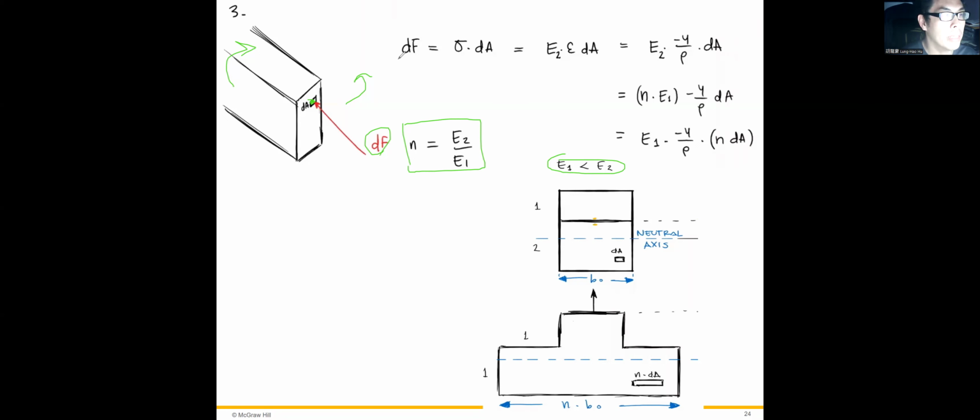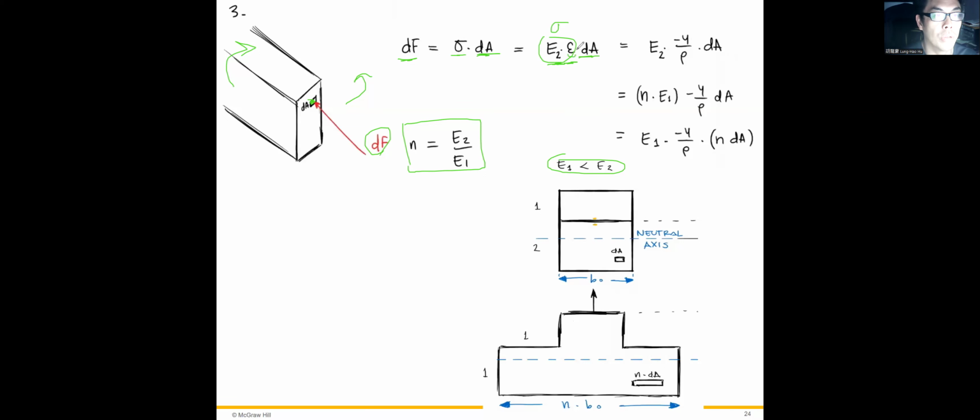The small force applied to the small area equals the stress times the area, which equals E2 times epsilon, the strain, times A, and equals E2 times minus y over rho, the radius of curvature.